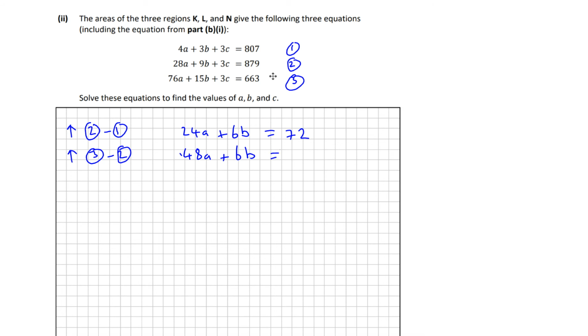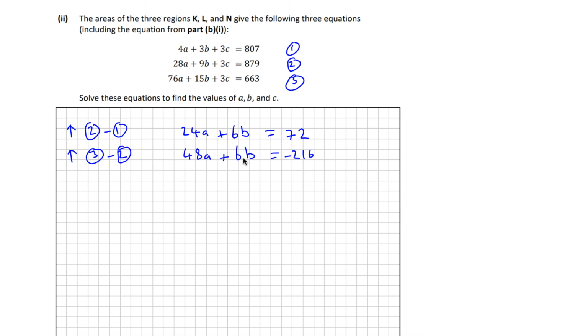And 663 minus 879 is minus 216. You can do them on the calculator, as I am there. Okay, so now, that's not a minus there, just get rid of that.